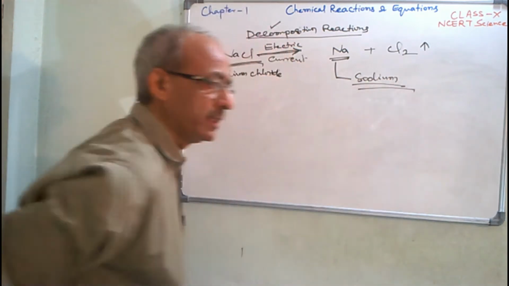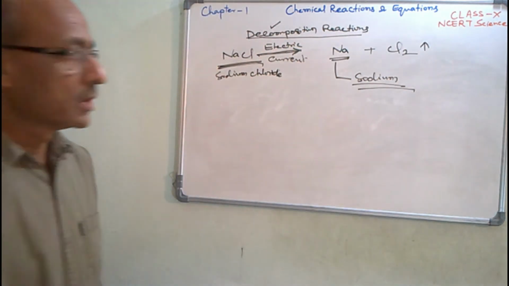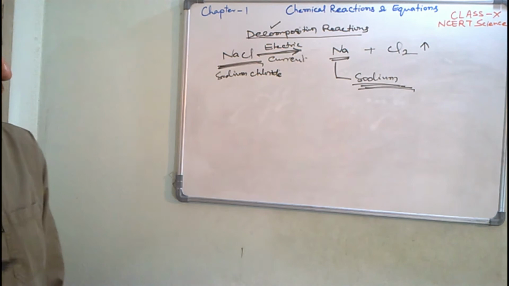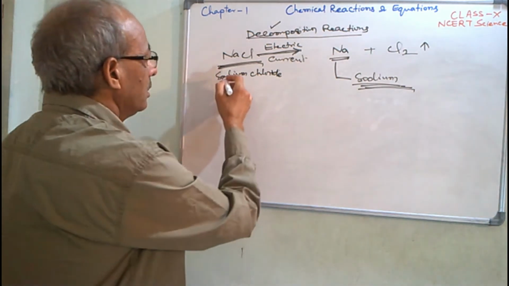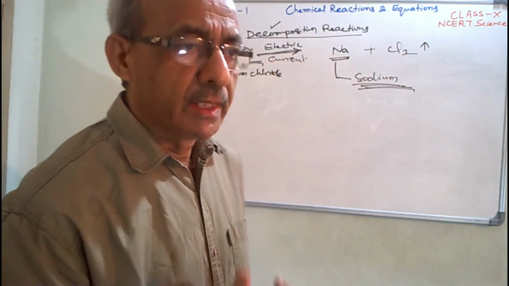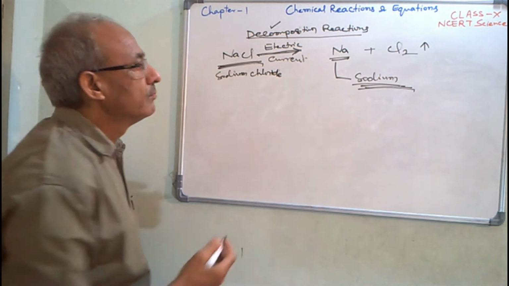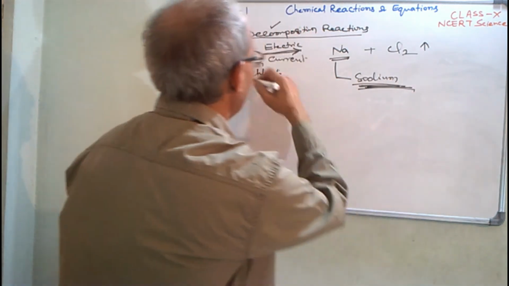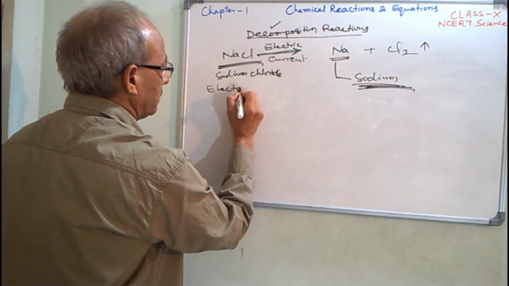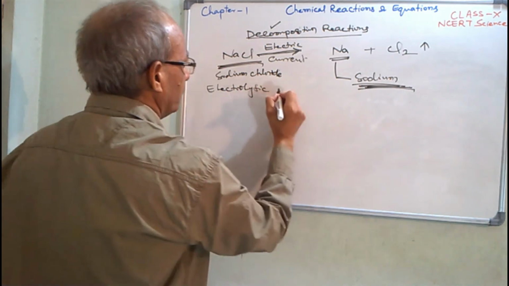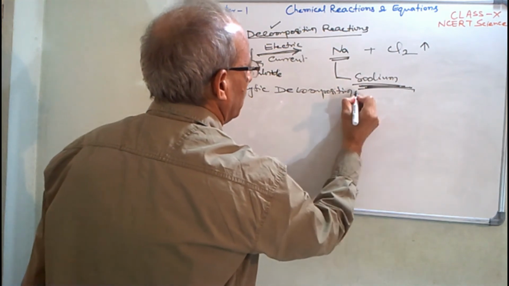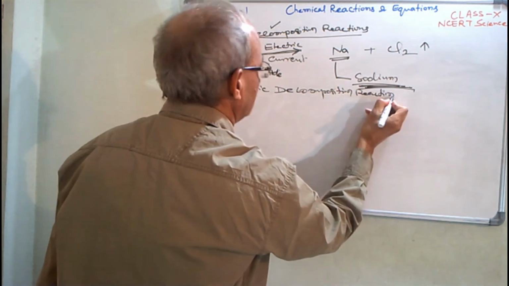So in factories, for the production of sodium metal, sodium chloride is split by passing the electric current. And this is an example of an electrolytic decomposition reaction. Clear?